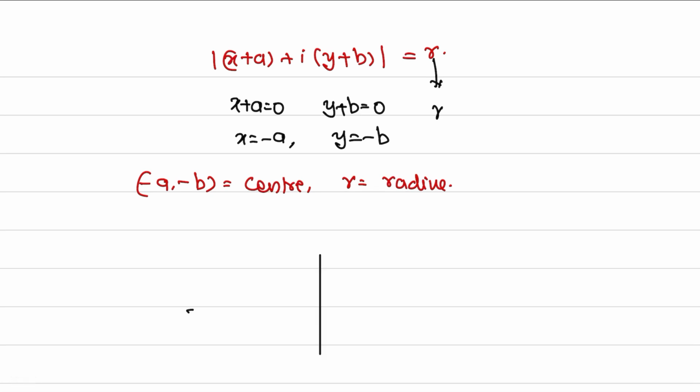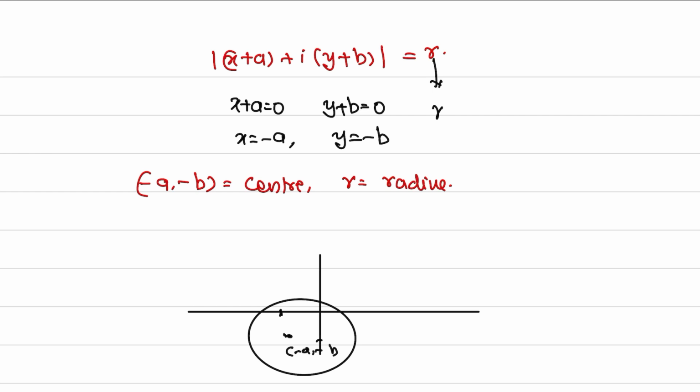Even if we are making a rough diagram, let it give a real feeling. Minus a is here, minus b is here, this is the center, and this is the circle. From the center, this is the radius r.